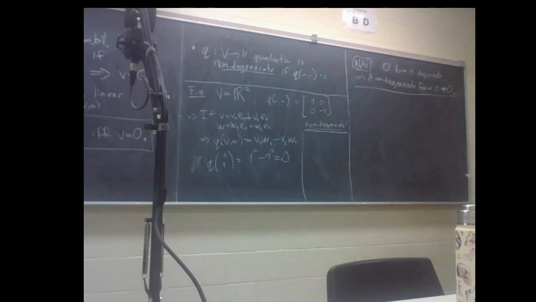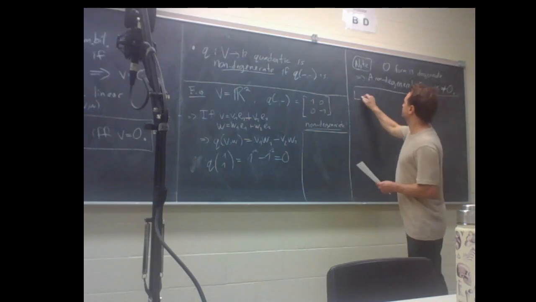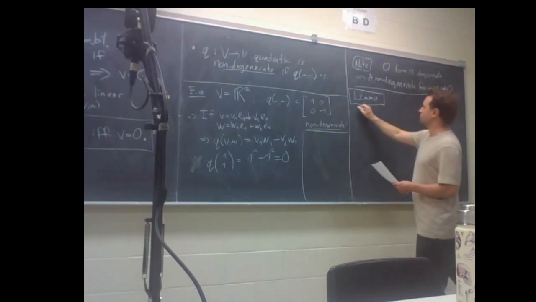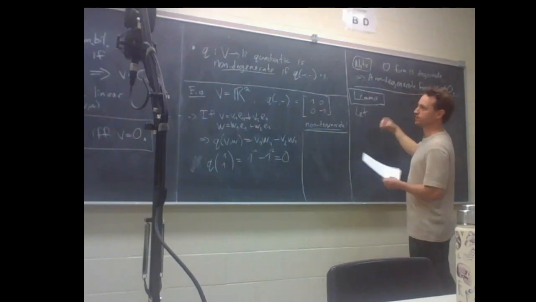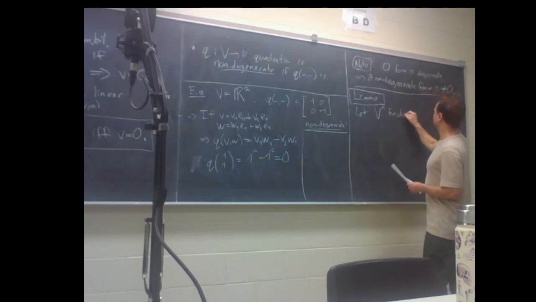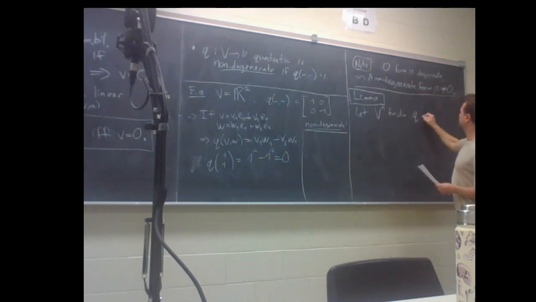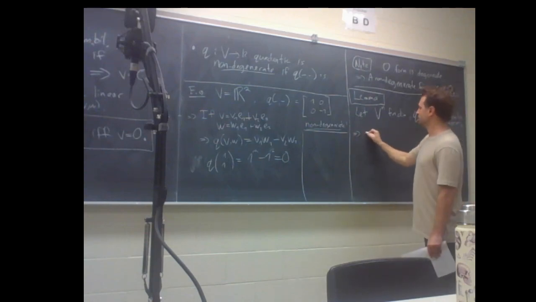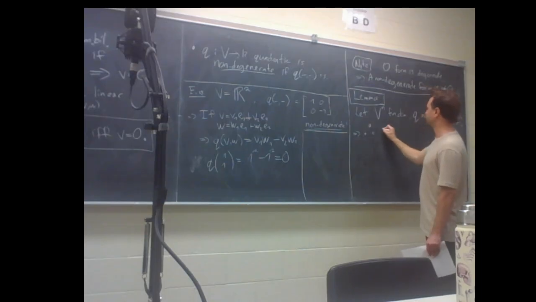Okay, so this is all great. Let's get to something that has some meaning and power. So we still have a finite dimensional vector space, and Q is a non-degenerate quadratic form. Then there exists what I'm going to call a Q basis.